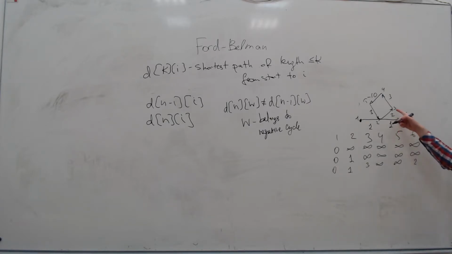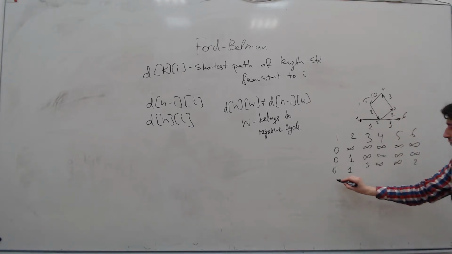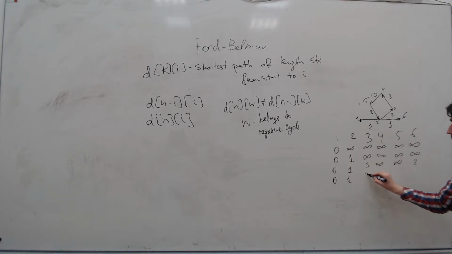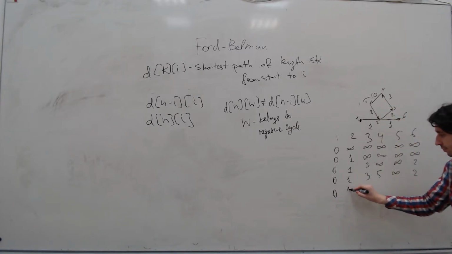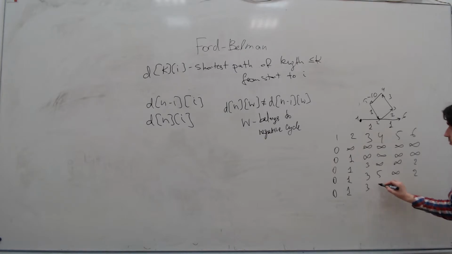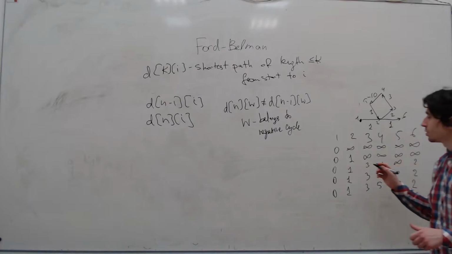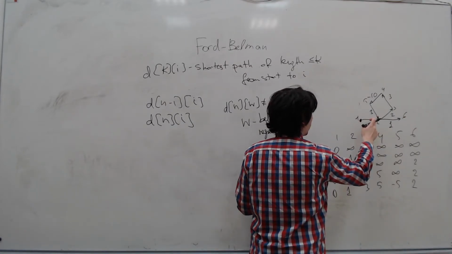Then we relax from 3 to 4. And finally we relax from 4 to 5. How many vertices do we have?